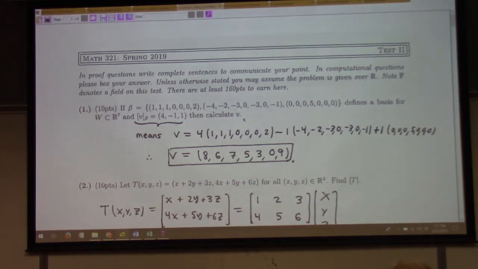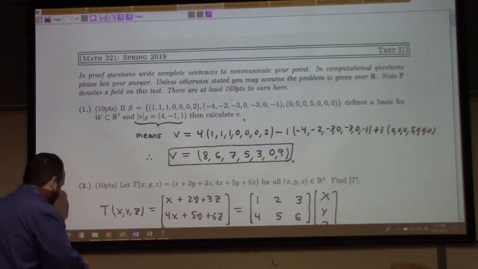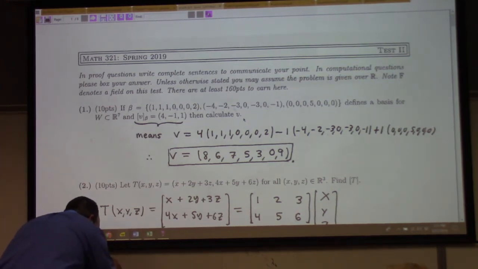Calculation of coordinates requires, I mean, this is just the definition, right? Remember, what was the definition?